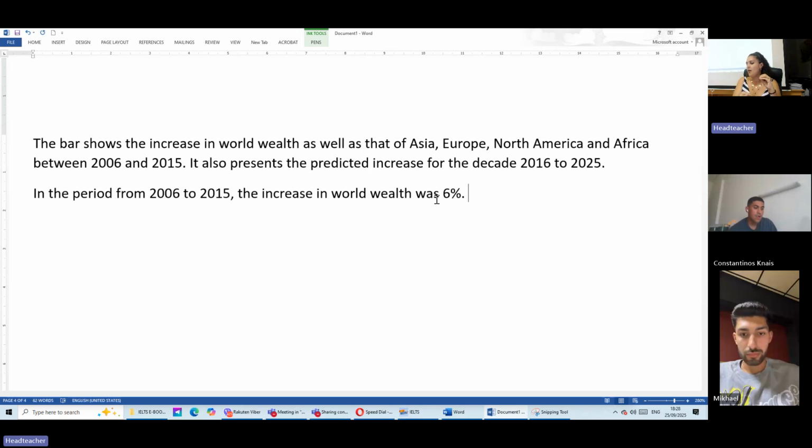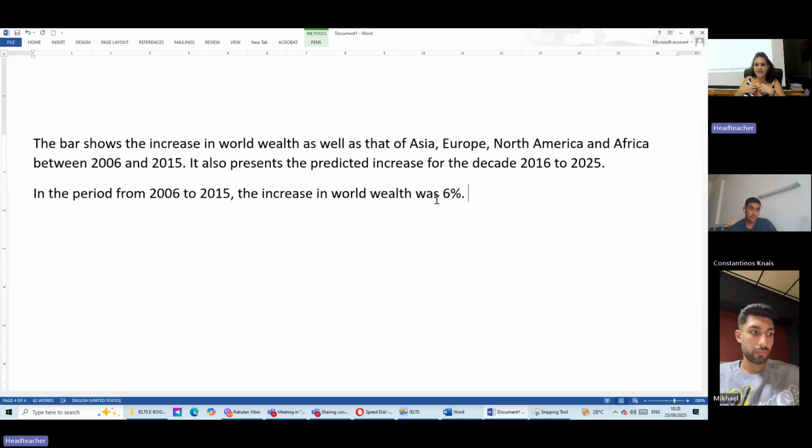When you compare the world wealth against Europe, for example, what do we see? Yeah, exactly. So the world is the same as Europe. Anything else that we can say? Asia is the first in this.